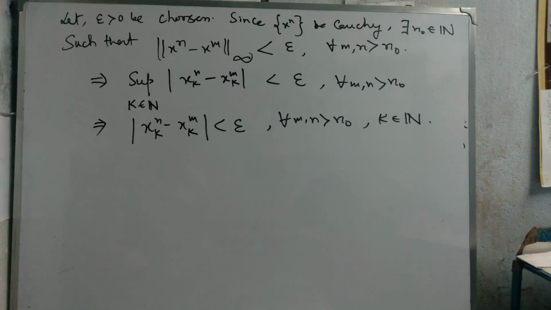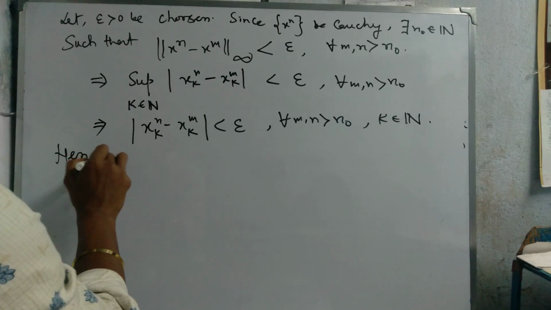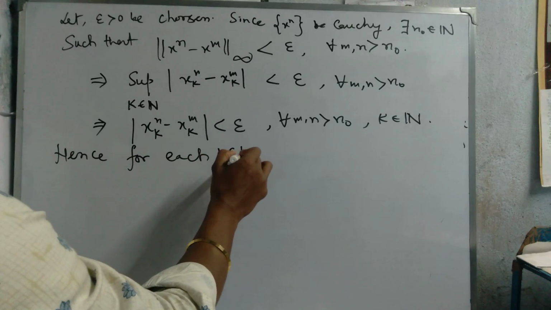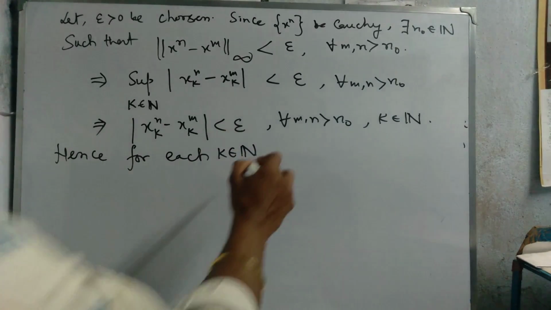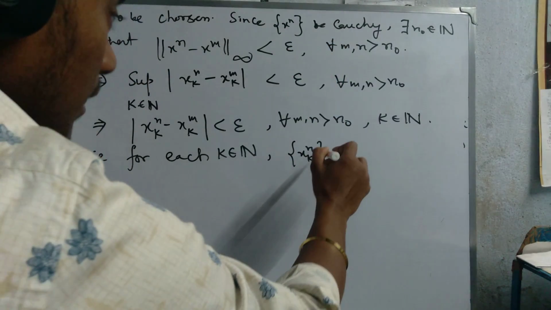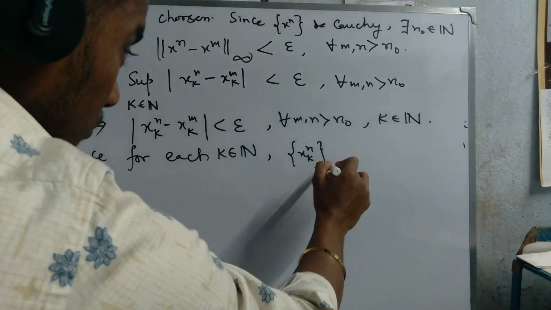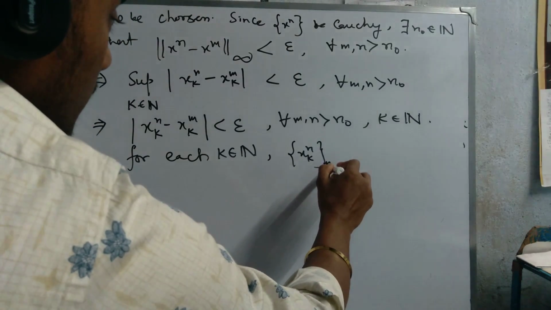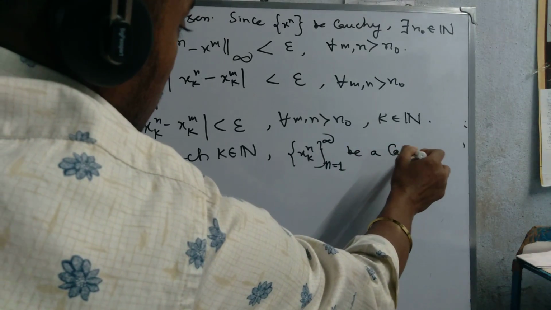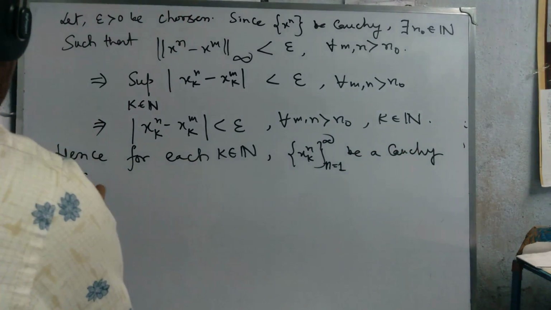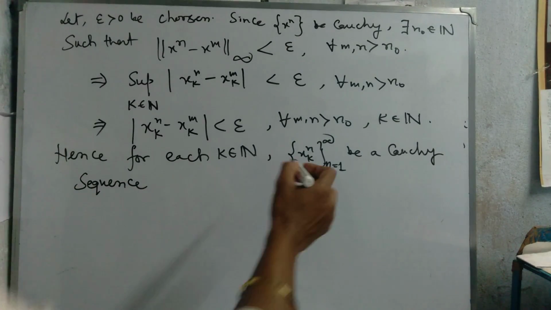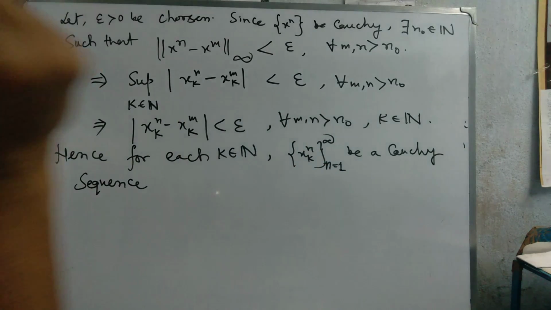So we again go to, hence, for each k belonging to N, xk^n, n equal to 1 to infinity, is a Cauchy sequence, where xk is just a single entity.